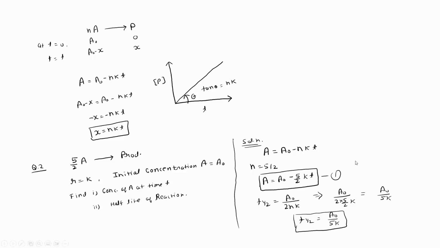Now there is one more variation for zero order reaction, and this is the last variation. Question 3. The variation is like A plus 2B gives product. Instead of only one reactant, we have two reactants. Then how to solve?